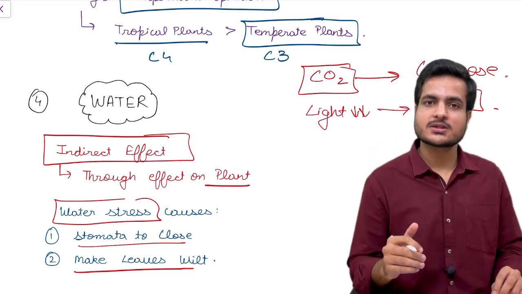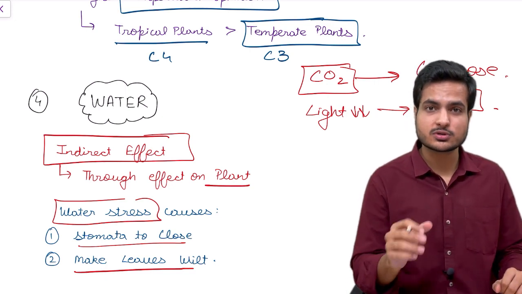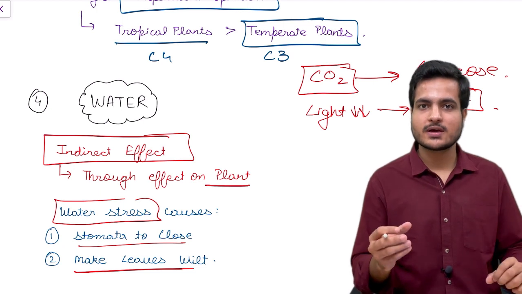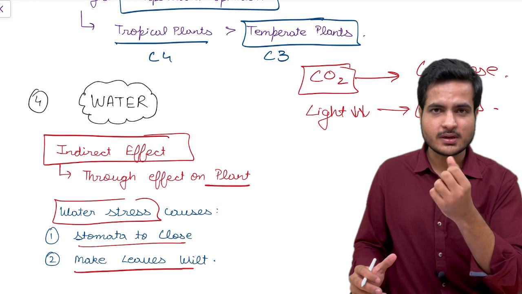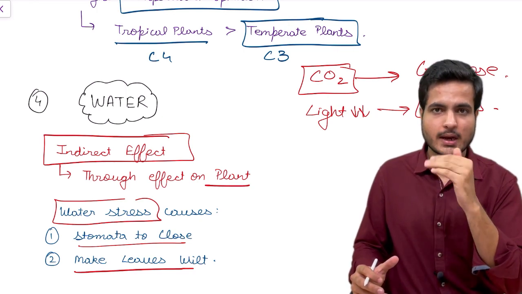And current carbon dioxide concentration, that is 300 to 400 parts per million, is limiting to C3 plants. Therefore, we grow them in greenhouses where carbon dioxide concentration is increased up to 450 parts per million. An example of these C3 plants are tomato and bell pepper.